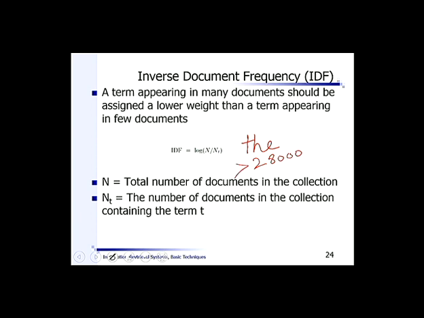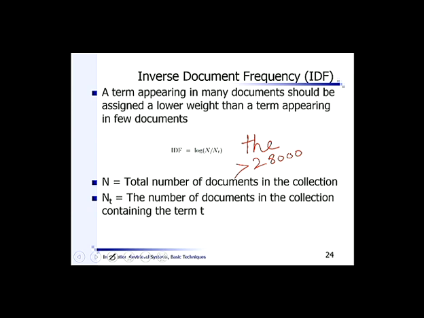So this is a very common term which appears many times in every document. To discourage these kinds of terms, we introduce another measure which is called IDF, inverse document frequency.